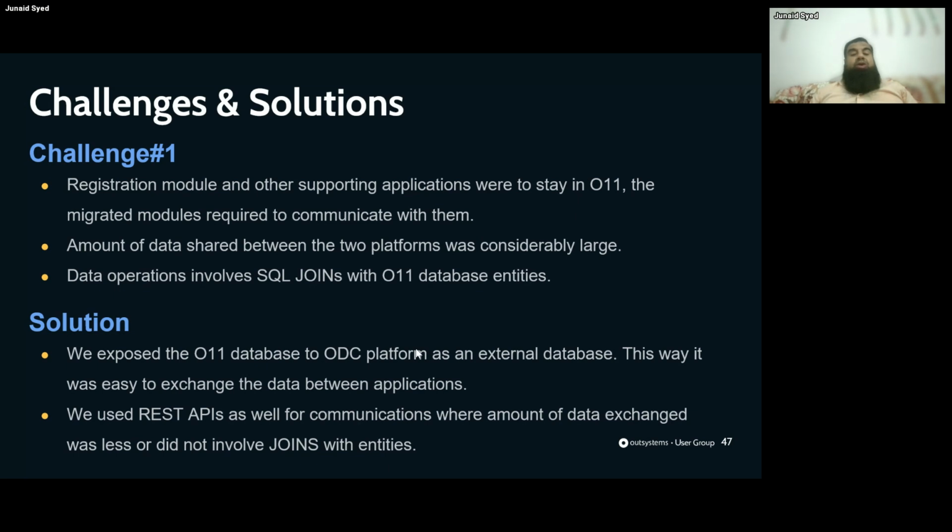In this case, instead of relying on REST APIs, which can obviously help in exchanging data, but when it is too much data the performance gets slower with REST APIs, what we did was expose the O11 database to the ODC platform itself.